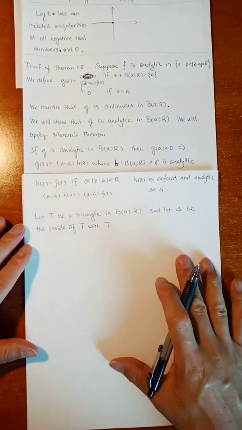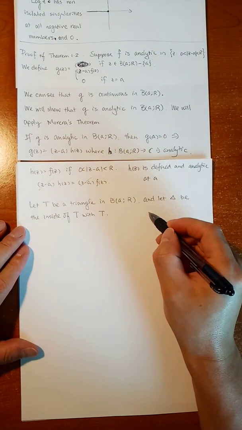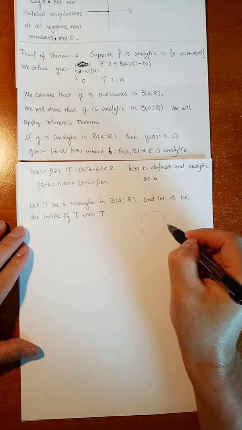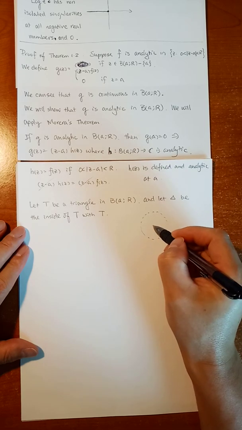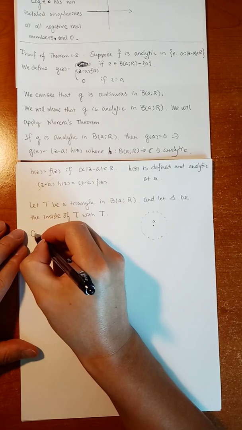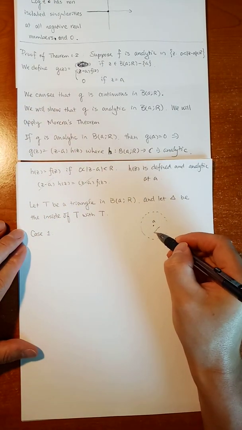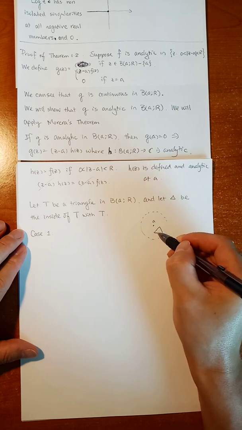Similar to what we did last time. Okay, now let's see. a is here. So case 1. Case 1, your triangle is like this. Your delta is here.